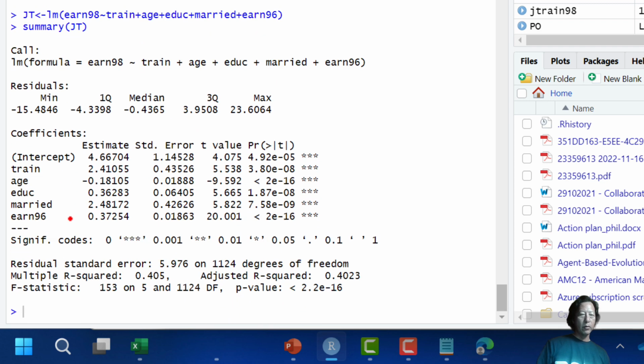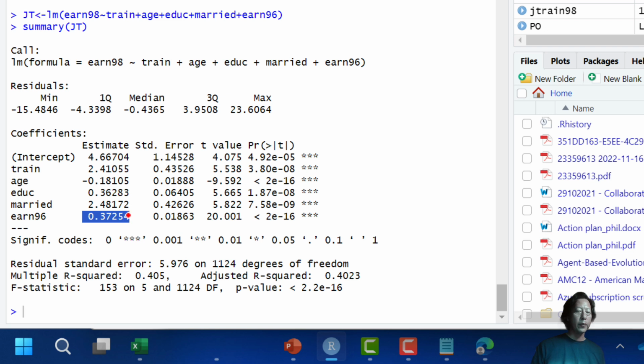However, if I include earn 96, then now training has a positive effect. So this means, before the training, what was their earning? If you take that out, then the training effect is positive. So now if you take a training, then you get a higher earning later.